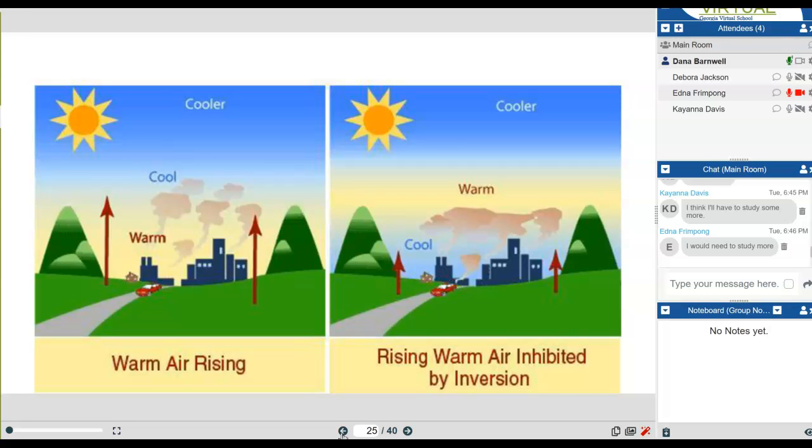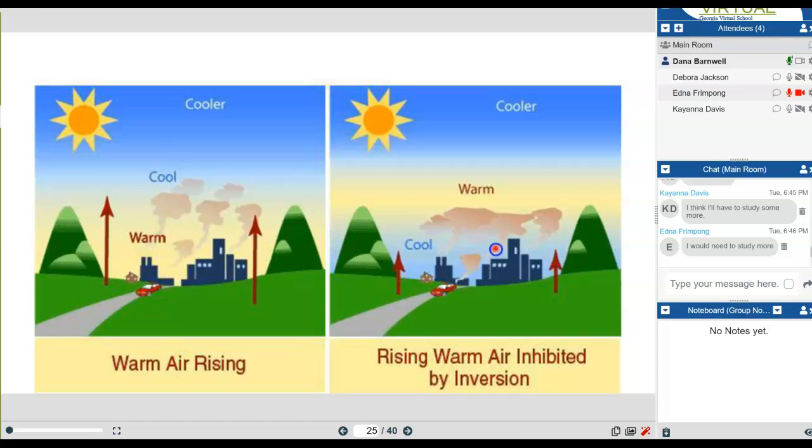So think about the 1950s. It was in the late winter, early spring. They were burning coal to heat their homes, and a weather pattern developed over the city of London, and this warm layer of air kept all that gray smoke, all that soot, all that particulate matter, just hanging over the city of London for a couple of weeks.